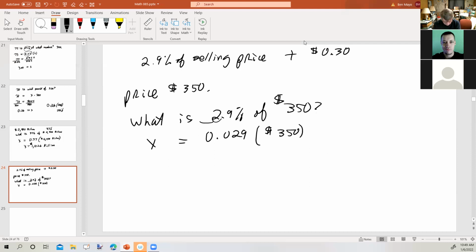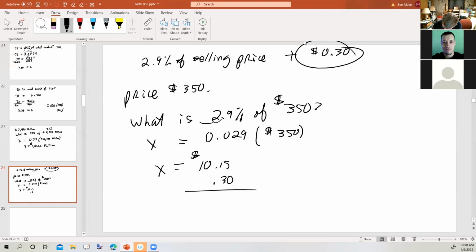Now I'm going to take 0.029. It helps if you turn the calculator on first. 0.029 times 350. And I'm getting 10.15.